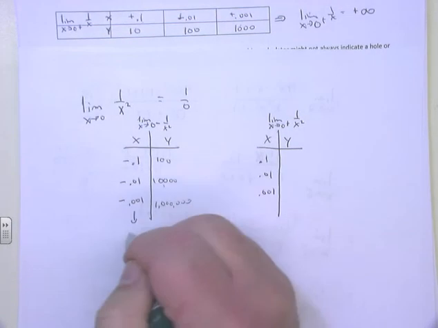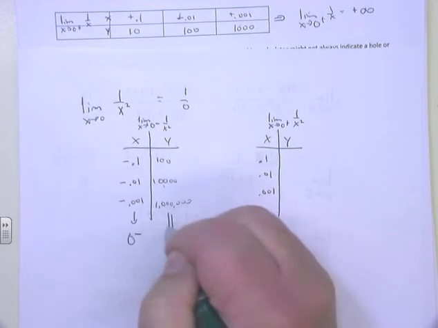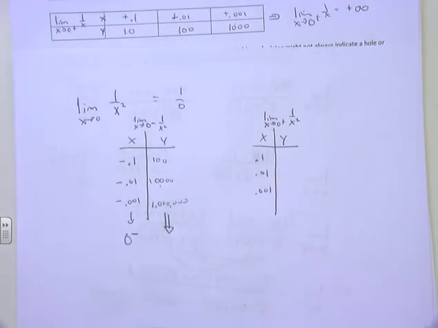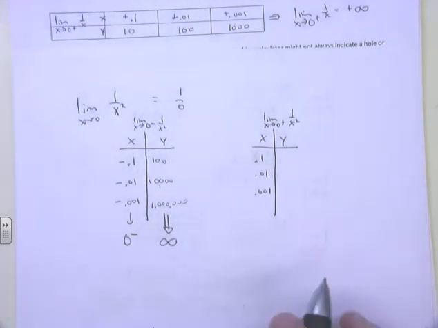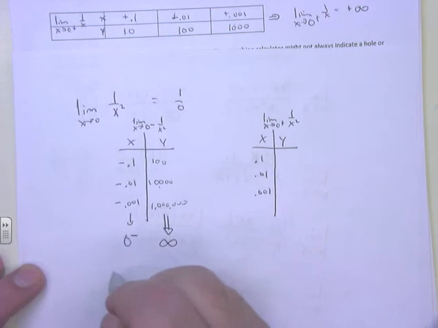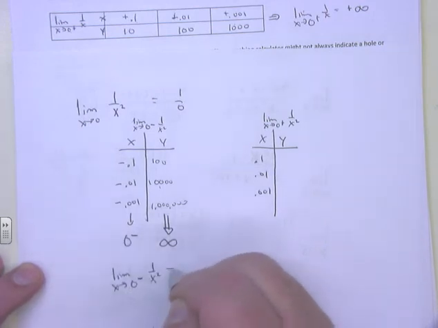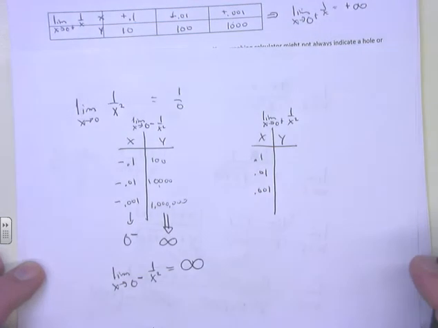So as this approaches 0 from below, what's my function approaching? 100, 10,000, 1 million. What is that? Infinity. Therefore, the limit as x approaches 0 from below of 1 over x squared is infinity.